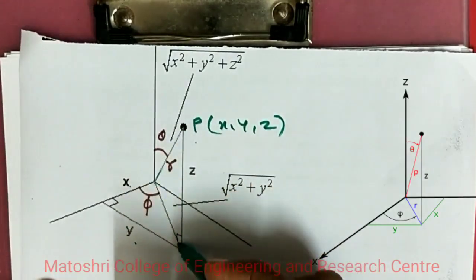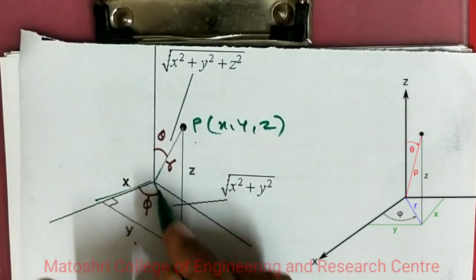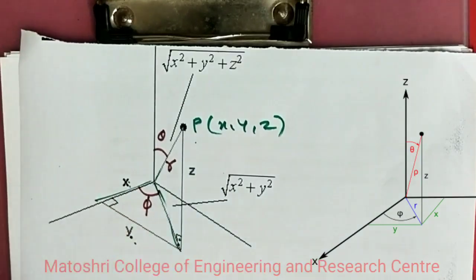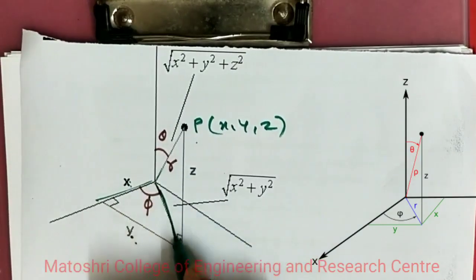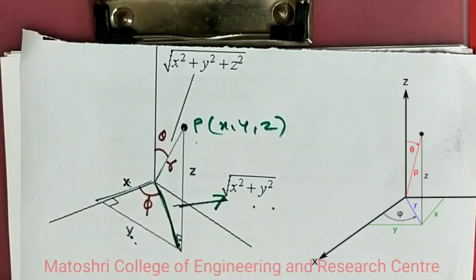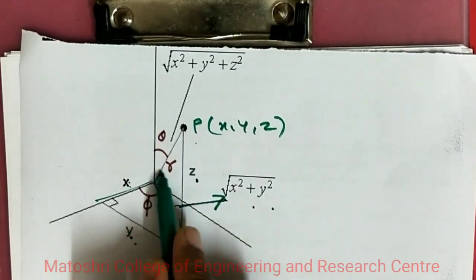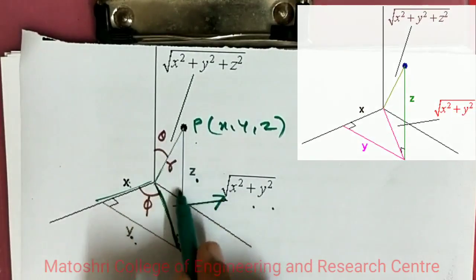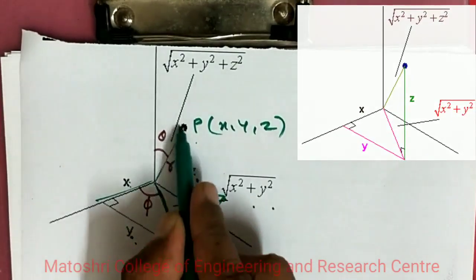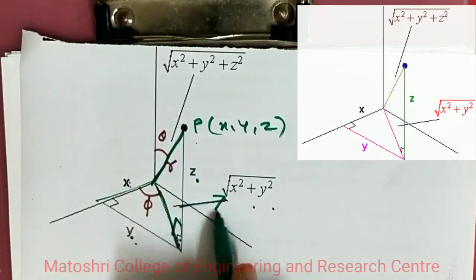So this is your z, and this one is square root of x square plus y square, as it is a right angle triangle where x and y are the two sides.